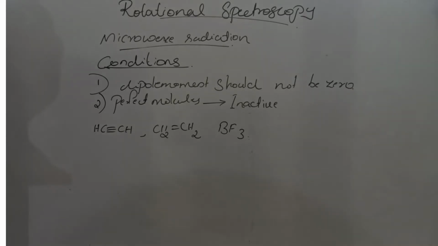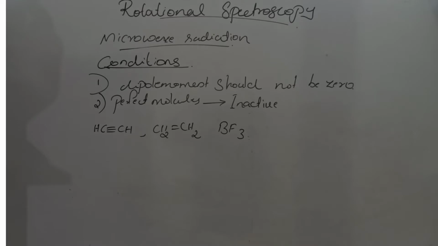A perfect molecule means they should possess the same ligands, like you can see in BF3, CH2=CH2, N2, H2, etc. Same ligands, and there should not be any lone pair. Such molecules we discussed in the last video for the spherical top system. I already mentioned the perfect molecule, like perfect tetrahedral, perfect octahedral molecules. Such types of molecules will not be rotationally active.